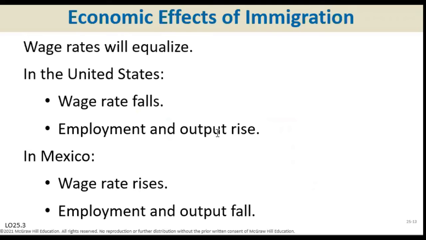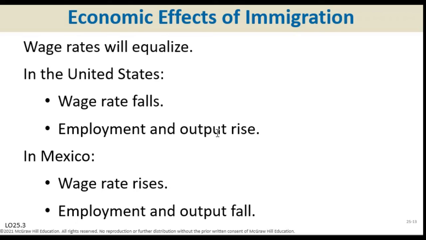In the immigration model, the wage rate between the countries will end up being equal, as we alluded to earlier. With higher wages in the United States, workers from Mexico will continue to find it beneficial to move into the United States because of the higher wage.